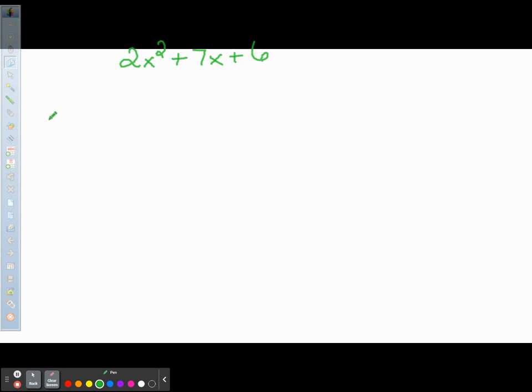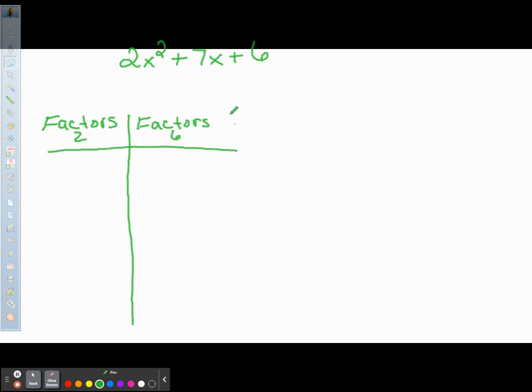Alright, so first you do factors of 2. And you also have to do factors of 6. If it's positive, you have to put like 1, 6, 6, 1. Now, you got to do both, because what are your factors of 2? 1 and 2.